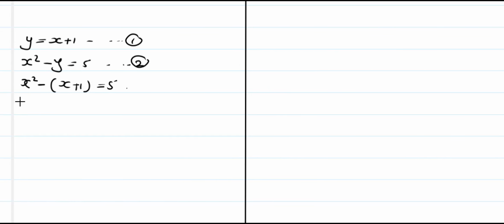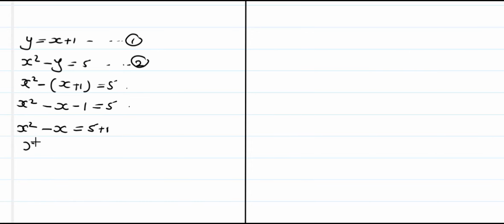Then I open the brackets and get x squared minus this x. Then again, negative multiplied by positive is negative, so minus 1 equals 5. Then it becomes x squared minus x, but I can take this 1 to the other side, which now becomes 5 plus 1, which is 6.